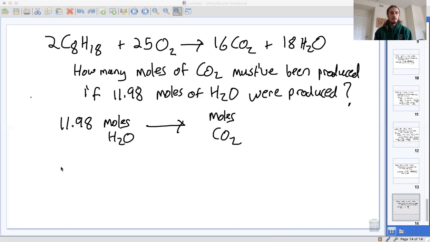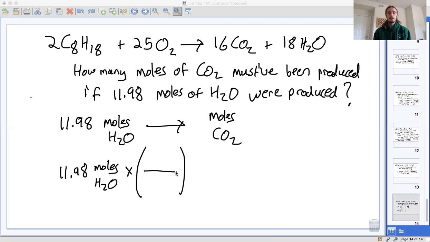Let's look at it. 11.98 moles of water. You're going to multiply by the ratio of the coefficients. You want to end up with CO2, so that goes on top. You want to cancel water, so that goes on the bottom.